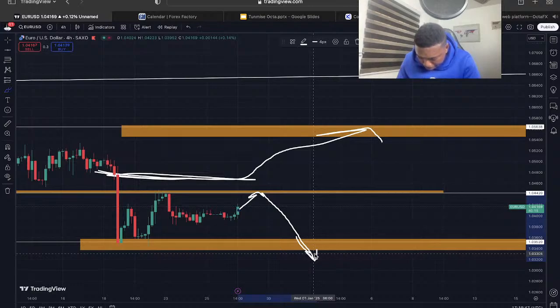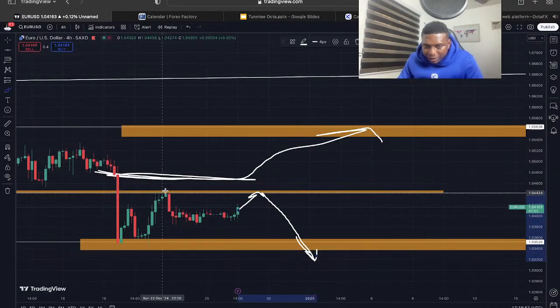Right? So that is how I came about that level, because it has experienced a price footprint.